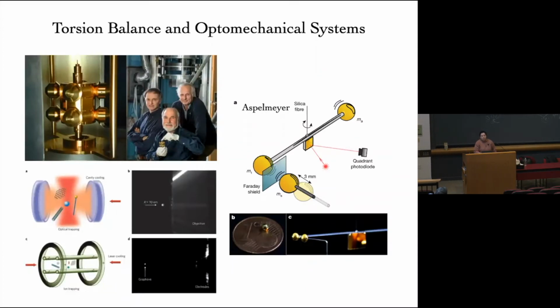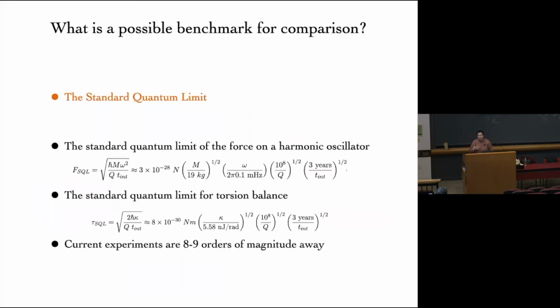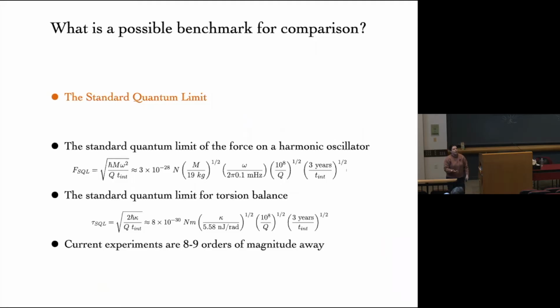So the question is, what would be a possible benchmark? Usually, that benchmark is set by what quantum mechanics limits you are able to do, and this is what people call the standard quantum limit. If you were to take that harmonic oscillator and put it in its ground state of motion, and here I've used parameters like the mass you would need for a 10 centimeter tungsten mass.